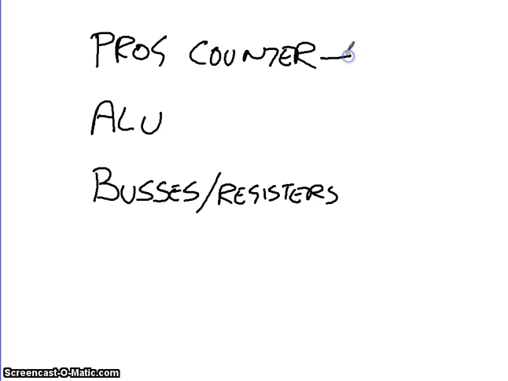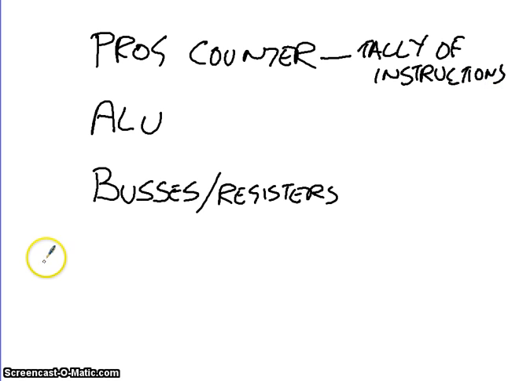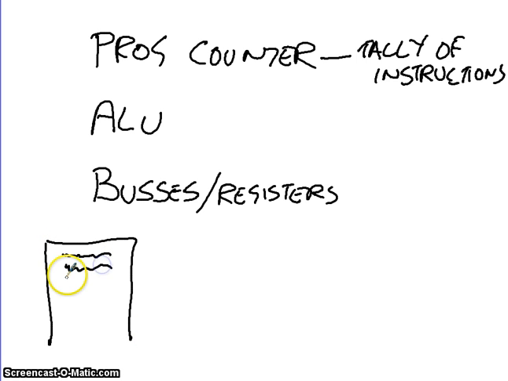The program counter's job is to keep a tally of instructions, so it doesn't get lost. Okay, and if you imagine that inside a computer is just like a tick list. If this is your tick list, you'll have a list of instructions. There you go, there's all my instructions.